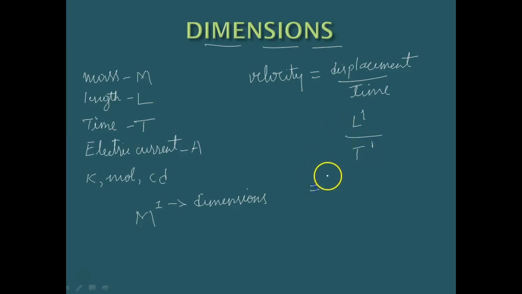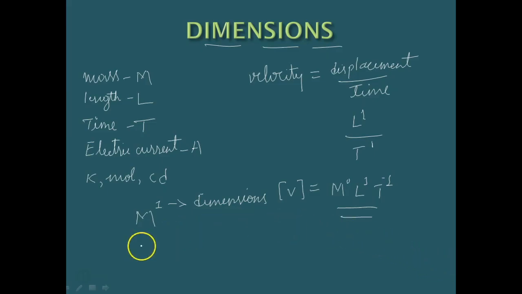So the dimensional formula for velocity is given by M raised to 0, L raised to 1, and T raised to minus 1. Got this? So this is the dimensional formula.